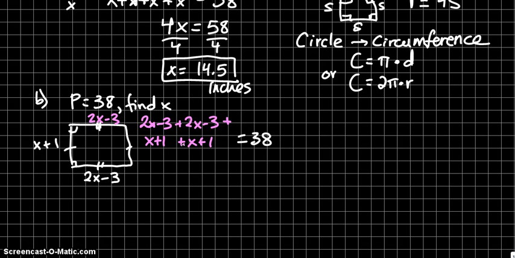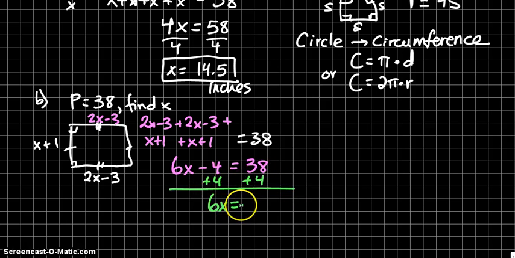So total, I'm going to have 2x plus 2x plus x plus x. So that's going to be 6x's. And for the numbers, I've got -3 plus -3 plus 1 plus 1, and that's going to be -4. And then you go through and solve it. Add 4. Divide by 6. And my x value is 7.